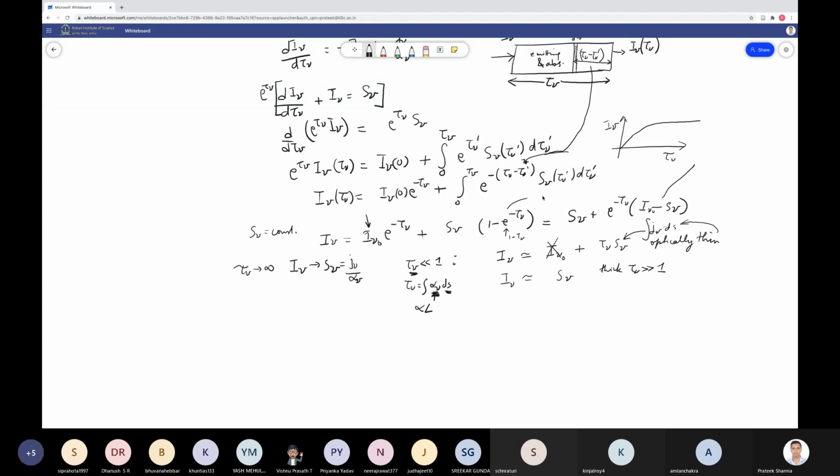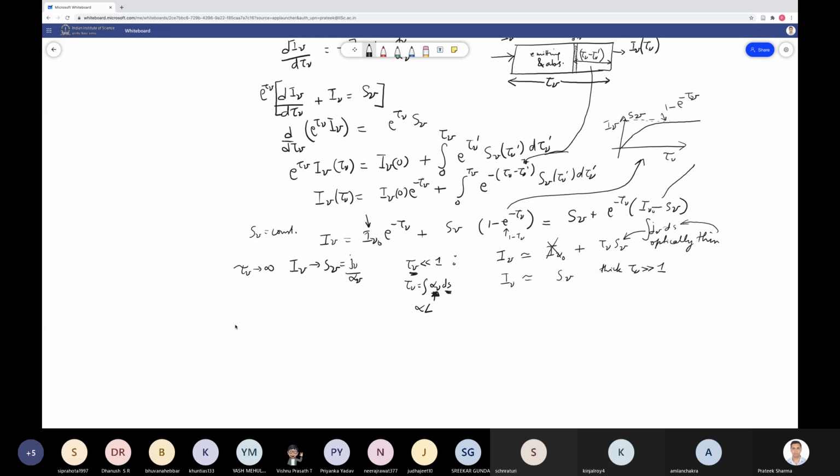This is how this function would look, and this is just 1 minus e to the minus tau nu. So this becomes S nu for large tau nu, and it's proportional to tau nu for small tau nu.